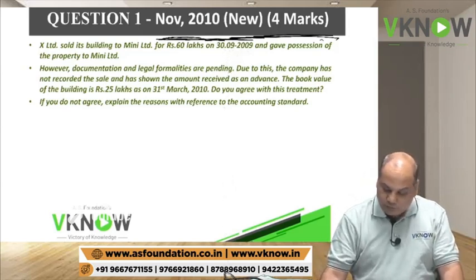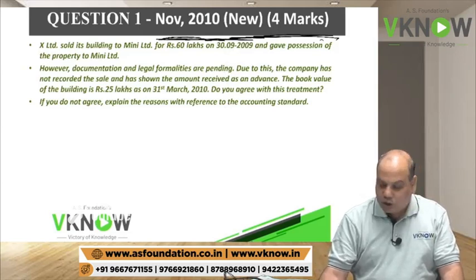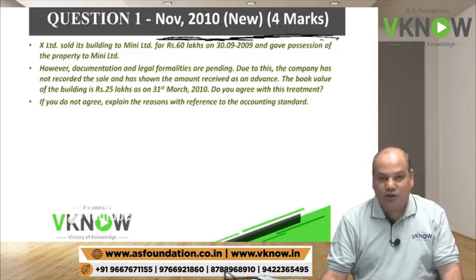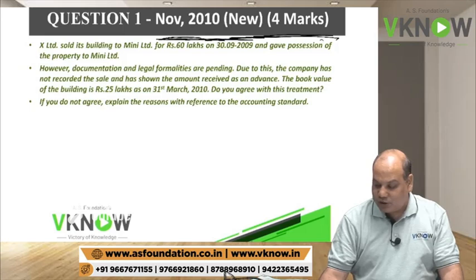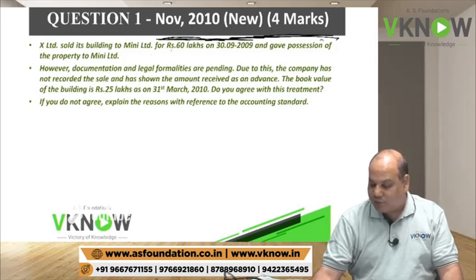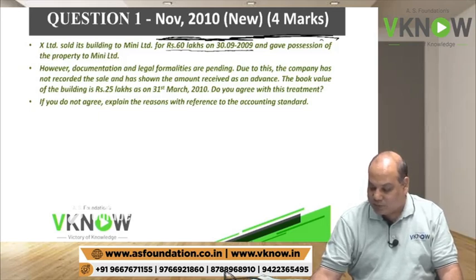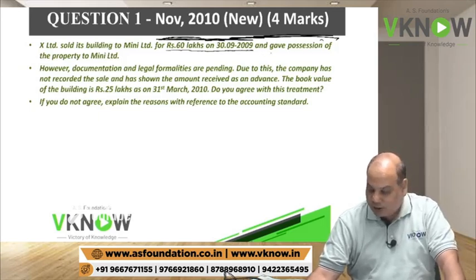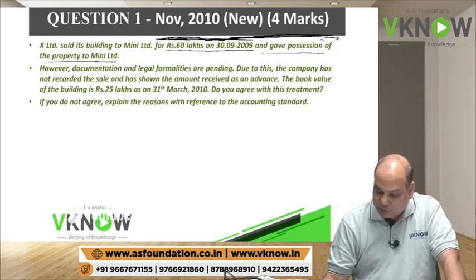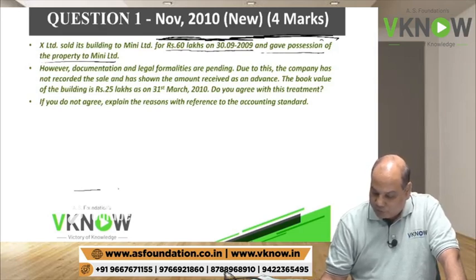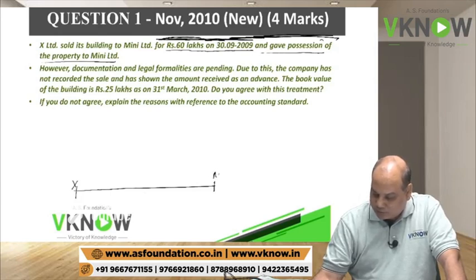Question for you. X Limited, only on the screen. Don't read the answer. Look at your screen. X Limited sold its building to Mini Limited for rupees 60 lakh on 30th September 2009 and gave possession of the property to Mini Limited. So this is the property, X Limited, Mini Limited.